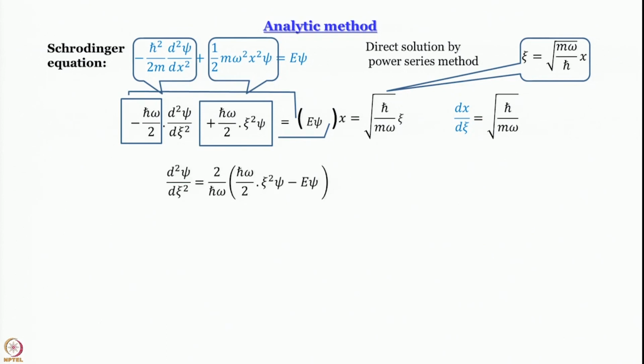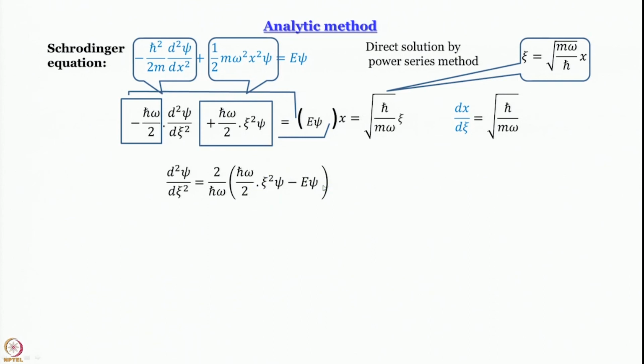This is what we will get: d2 psi d xi 2 is equal to 2 by h cross omega multiplied by h cross omega by 2 xi square psi minus E psi. You can see it is just algebraic manipulation, not very difficult to understand.